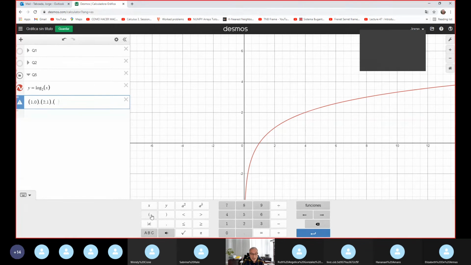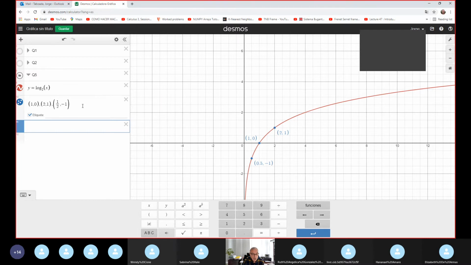And the point, open parenthesis, 1/2, comma, -1, que es el recíproco, -1. Bam. And don't forget, please, the famous vertical asymptote that any logarithmic curve has.